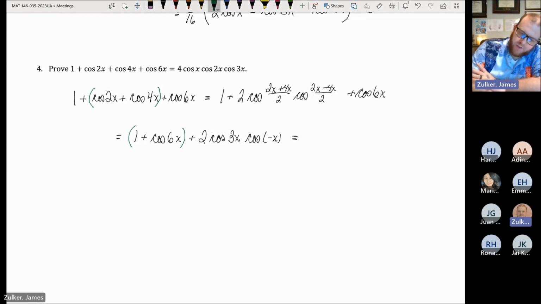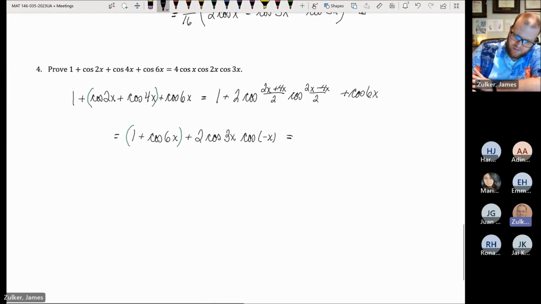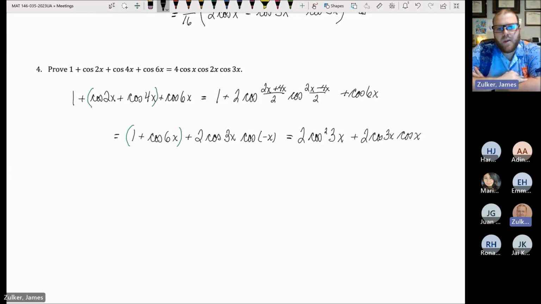If we look at the 1 plus cosine of 6x, we can write that as 2 cosine squared of 3x, right? Using the reduction identity on cosine. And then using the fact that cosine is even, cosine of negative x is just positive cosine of x.